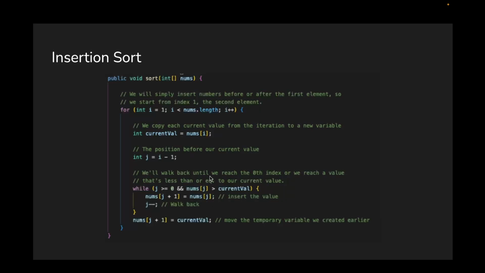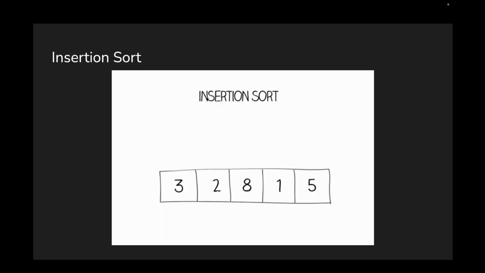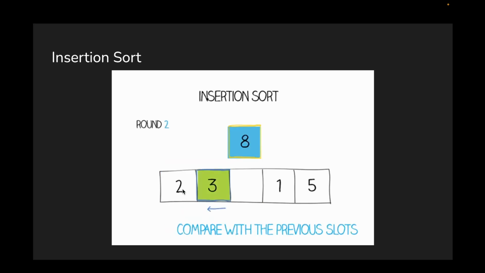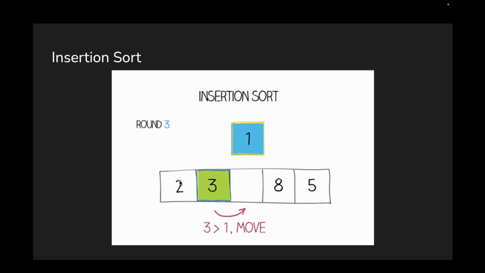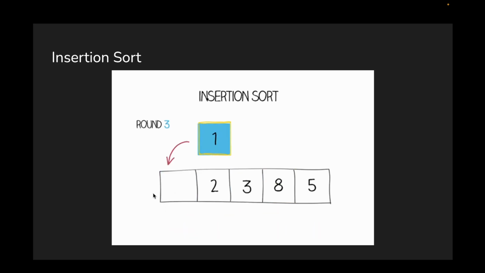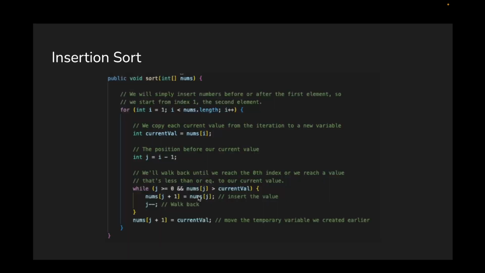We'll walk back until we reach the 0th index, or we reach a value that's less than or equal to our current value. That's what we saw with the 1 in here. Since it was less than 8, 3, and 2, we had to move it to the 0th position, because that's the first position that we can move it to.